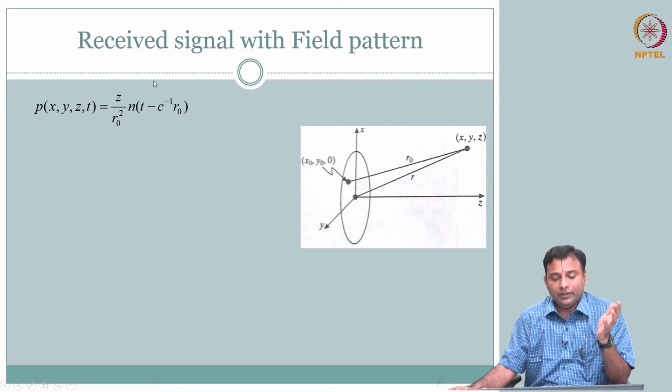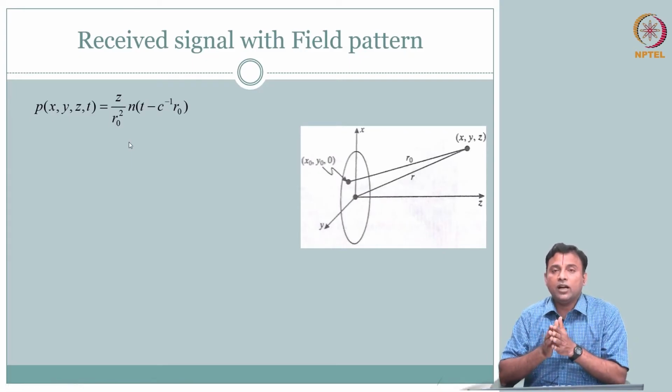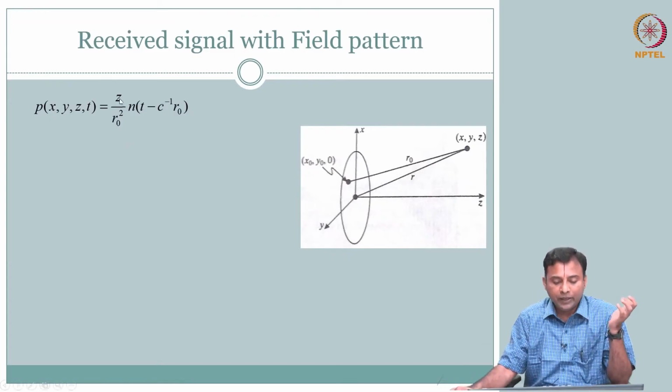If it had been a monopole source, we would have just written our circular wave equation, 1 by r, but given this situation, this is called a dipole model. Because of that, you get z by r naught square of this. This is how the pressure field comes out at any location x, y, z, and this is from a point.